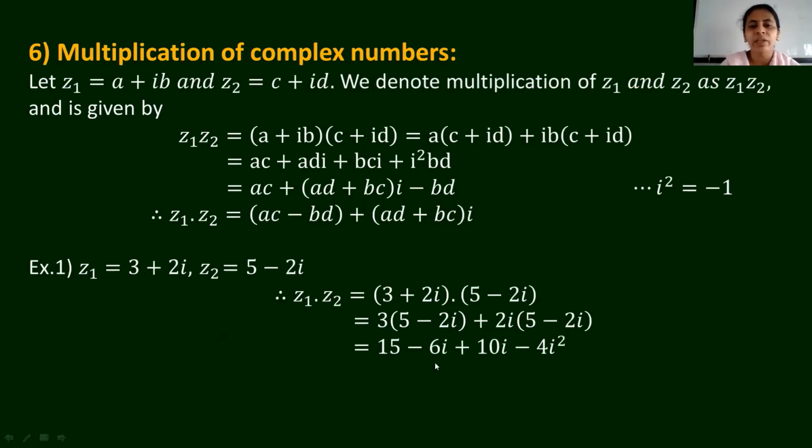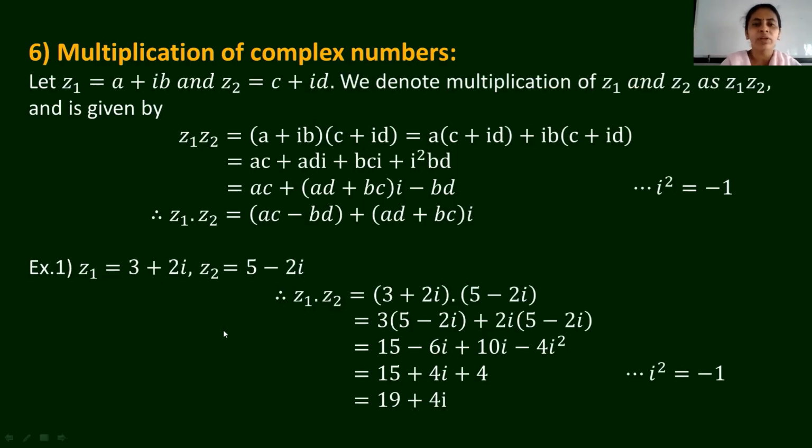So we get 15 minus 6i plus 10i minus 4i square. Now i square is equal to -1, therefore minus 4i square becomes plus 4, and minus 6i plus 10i means addition, which is plus 4i. So we get 15 plus 4, that is 19 plus 4i. This is our final answer of multiplication of the two given complex numbers.